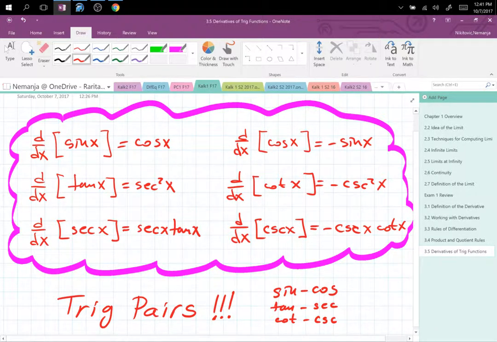Now, we do proofs for sine and cosine using the limit definition from 3.1. It's done in a book. If you are interested in that, obviously you will read it, and if you don't understand any concept that is there, please ask me.